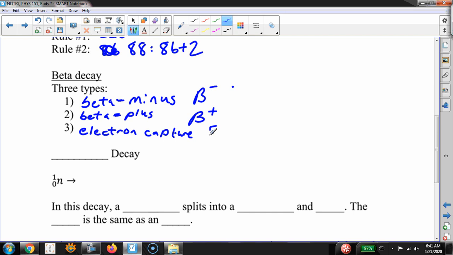The symbol we'll use for that is just going to be EC, the abbreviation for electron capture. Let's look first at beta minus decay.